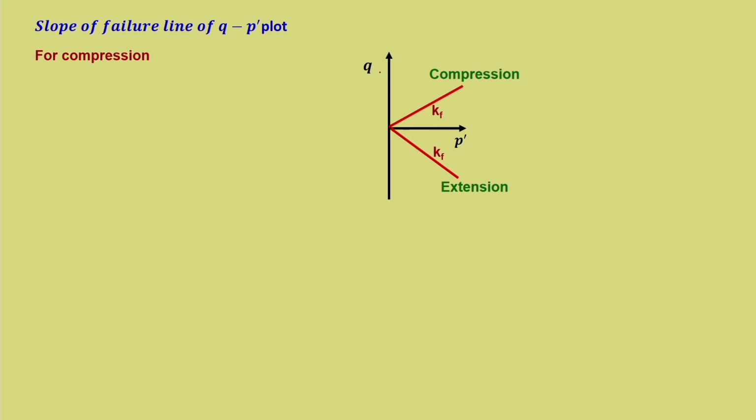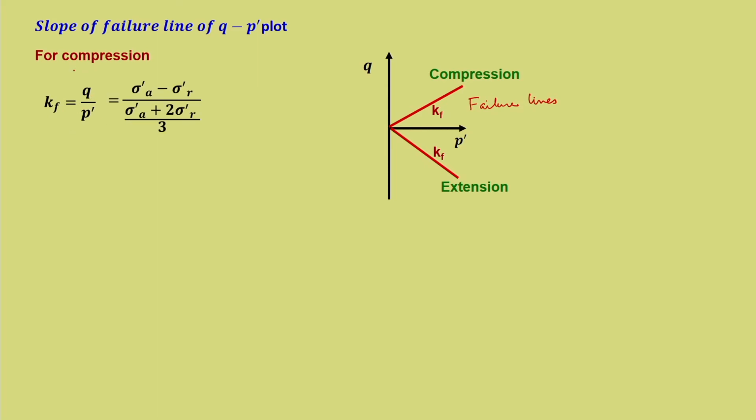So, this is Q-P dash plot, and I have drawn two failure lines, and one line corresponds to the case of compression, the other line corresponds to the case of extension. So, depending upon whether it is compression or extension, we need to take appropriate stresses, and that we have seen in the previous slide. So, Kf is nothing but Q by P dash.